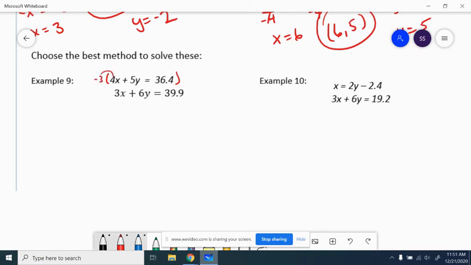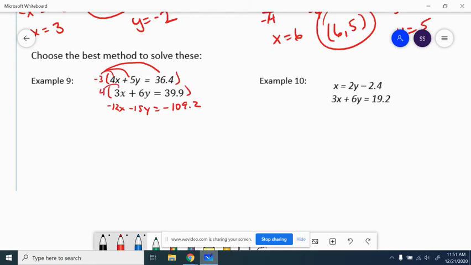So negative 3 times 4x is negative 12x. Negative 3 times positive 5y is negative 15y. And negative 3 times 36.4, sorry, is negative 109.2. And now I'm going to multiply the bottom equation by positive 4.